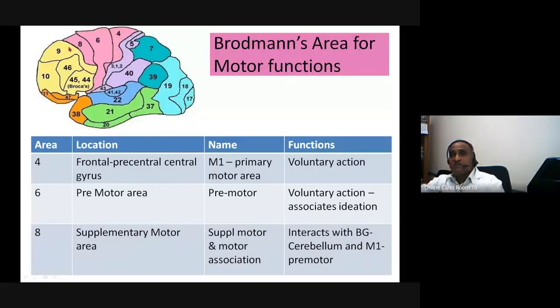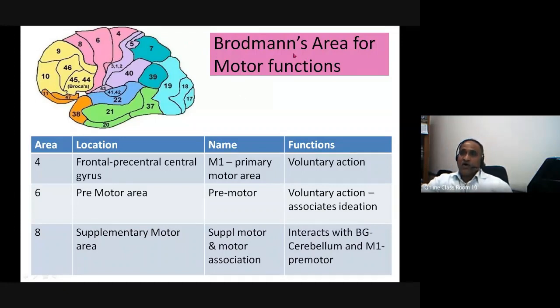But these are connected with the motor association areas, area 8 and part of 6. These motor association areas interact with the basal ganglia and cerebellum, and then finally give the command to M1. So that is about the motor cortex.